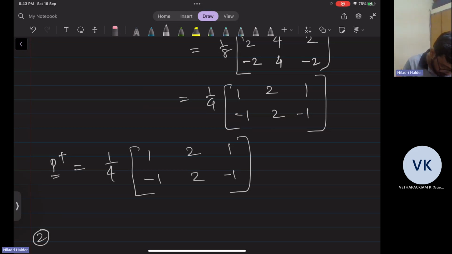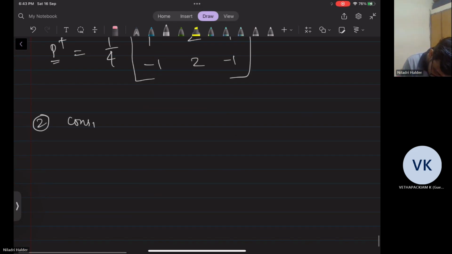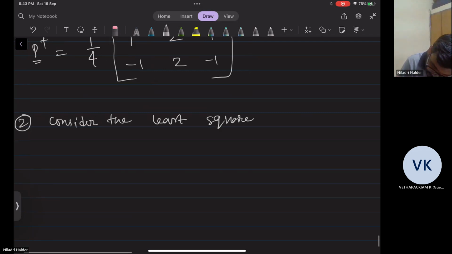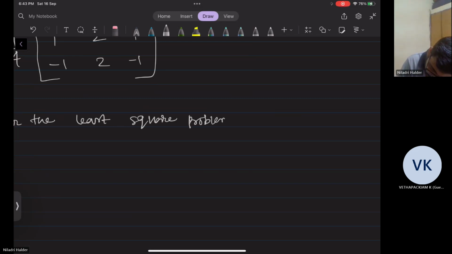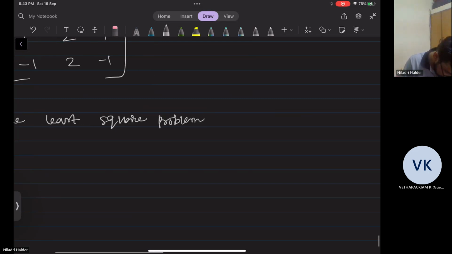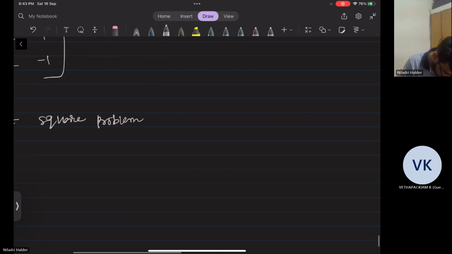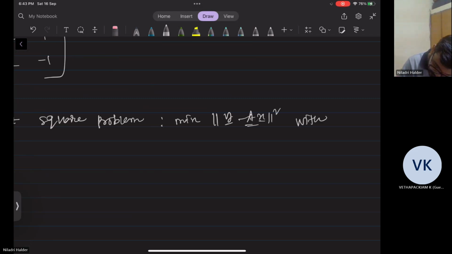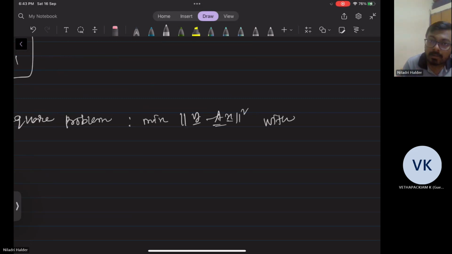The second question is: consider the least square problem, with error equal to y minus x.